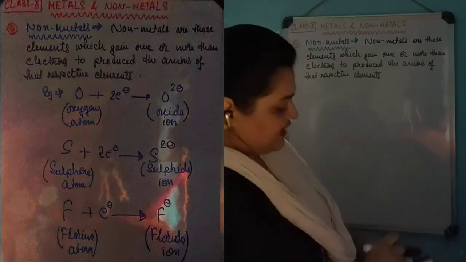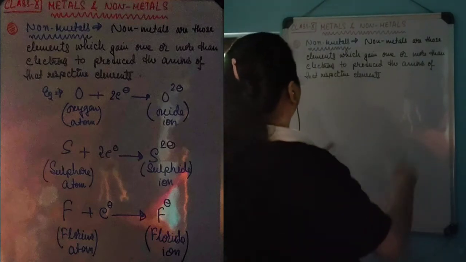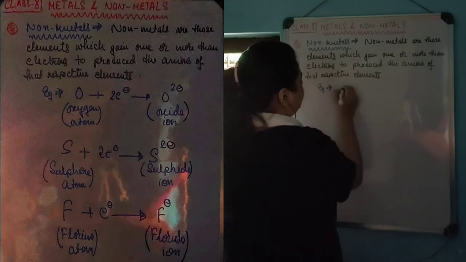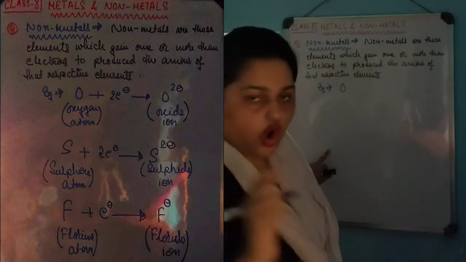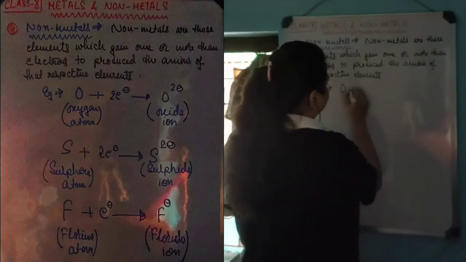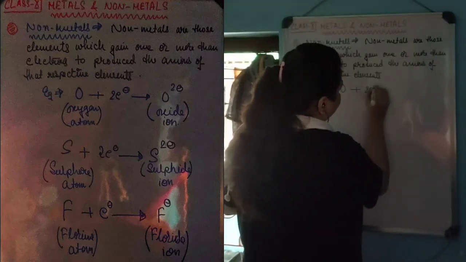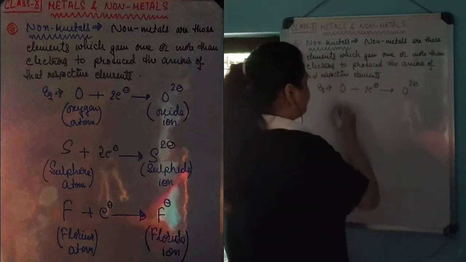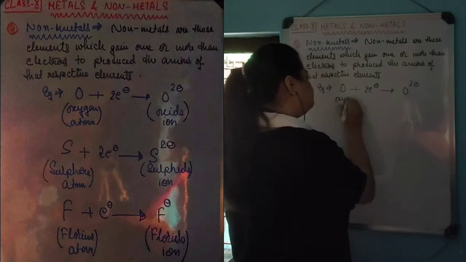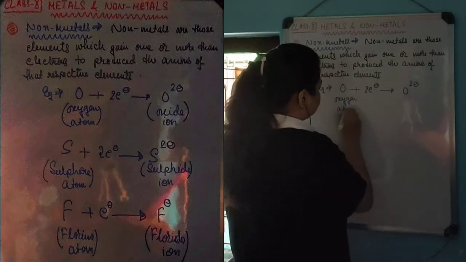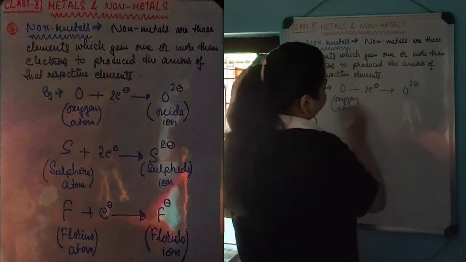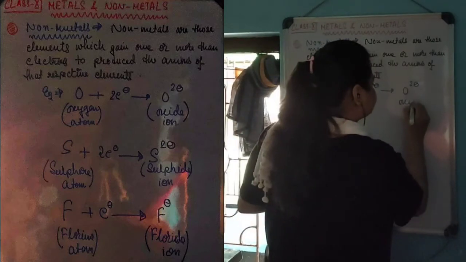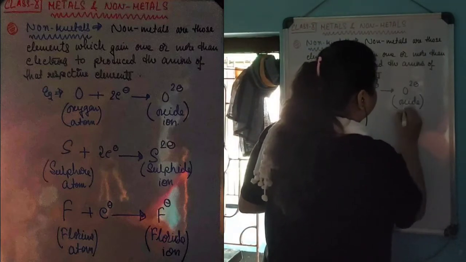Now, as an example, the most common one is the oxygen atom. An oxygen atom gains 2 electrons and produces the O2 minus anion. One atom of oxygen gains 2 electrons and produces the O2 minus ion. This ion is known as the oxide ion.